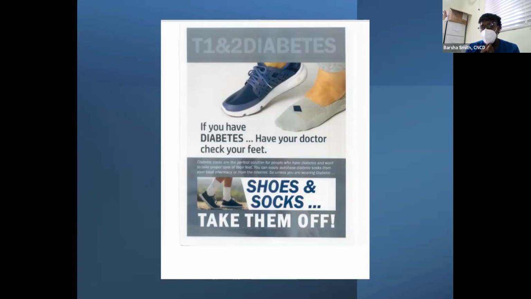So every time a patient who is diagnosed with diabetes comes, it is the responsibility of the doctor and the nurses assigned to ensure that we encourage the patients to take off those shoes and those socks so that their feet can be inspected. So shoes and socks, take them off.